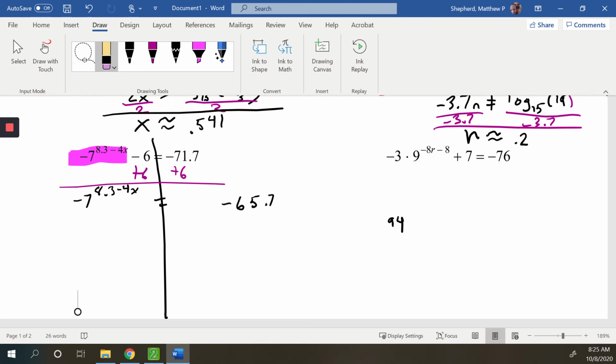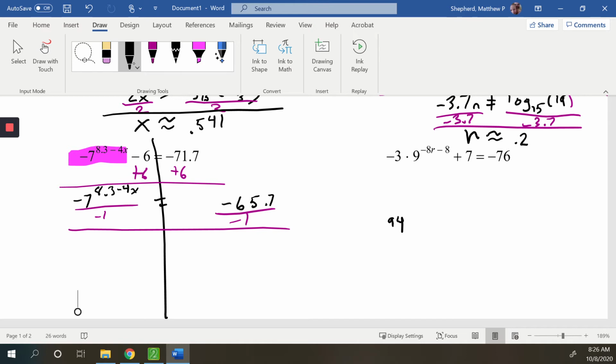Now, the reason why I point that out is we are going to run into troubles if we try to take the logarithm of a negative number. It can't be done. So what we're going to do right now is we'll just divide both sides by a negative 1.